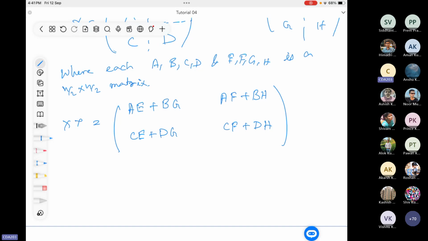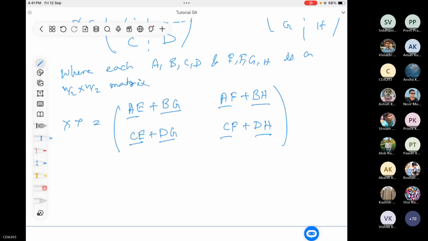So how many computations are we doing in this case? Obviously this will give you the result. If we can compute all these multiplications, then we are done.